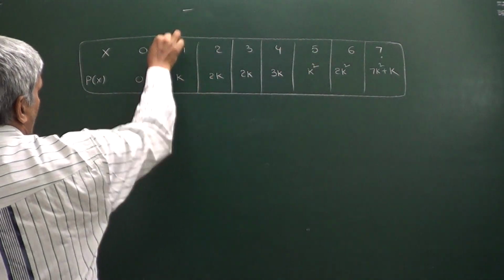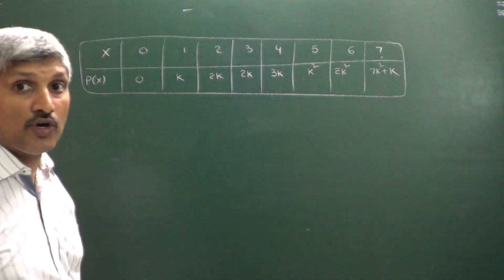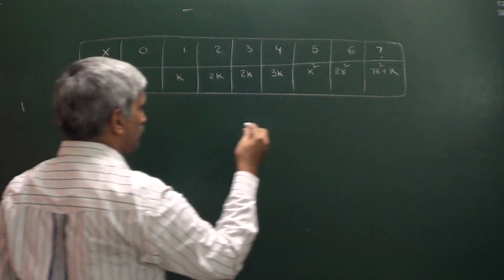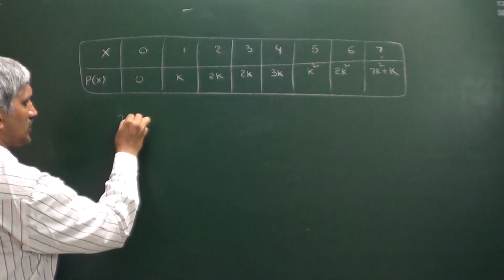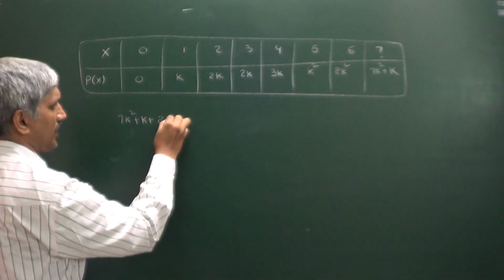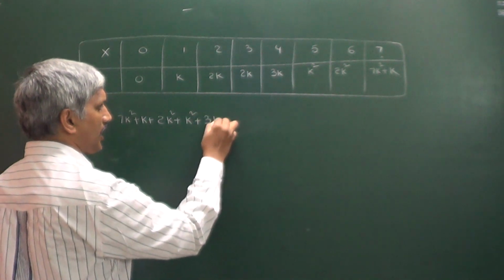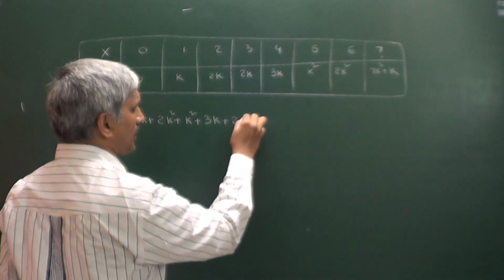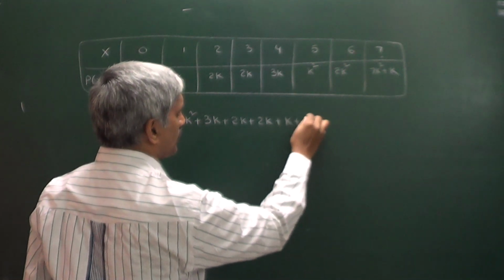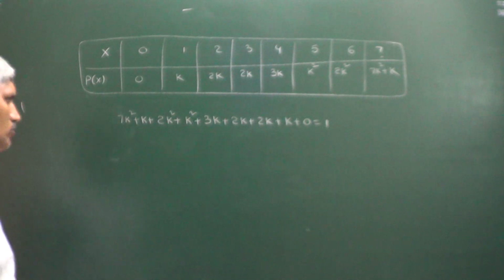How to find the value of k? We can find the k value easily by our known information. What is the known information? Sum of the probabilities must be 1. That's why 7k square plus k plus 2k square plus k square plus 3k plus 2k plus 2k again plus k plus 0 is equal to 1. Sum of the probabilities is equal to 1.